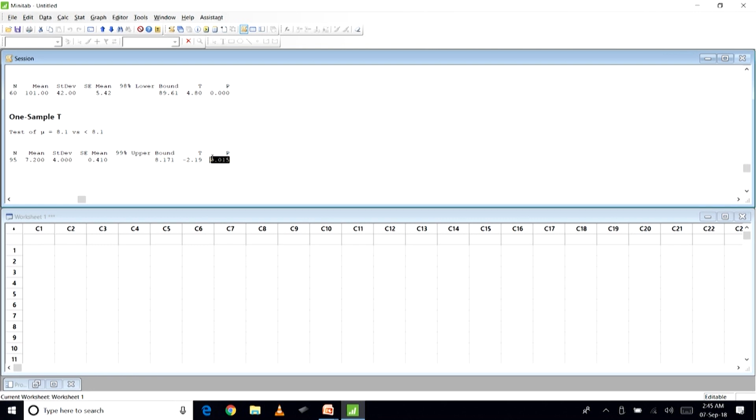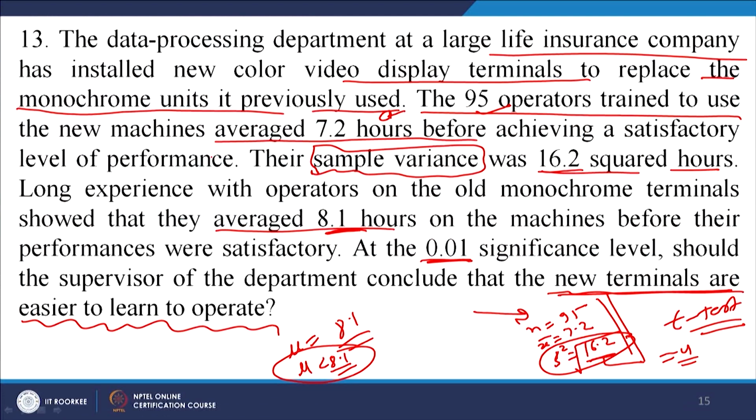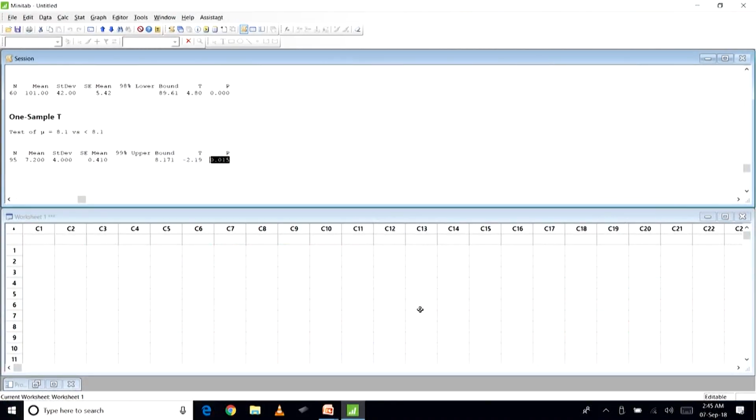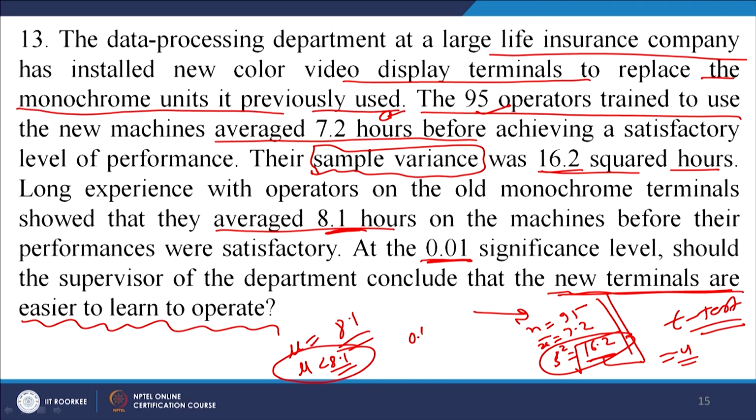So, let us look at whether we will reject or not reject the null hypothesis. 0.015, this is the p value, right. What is the alpha value? 0.1. Is p less than alpha?